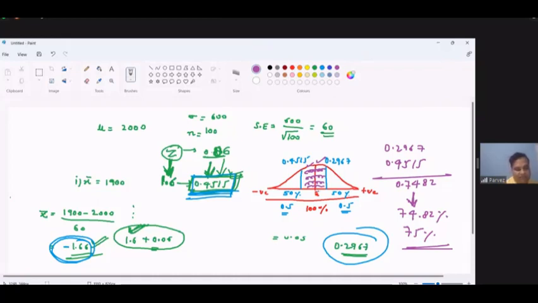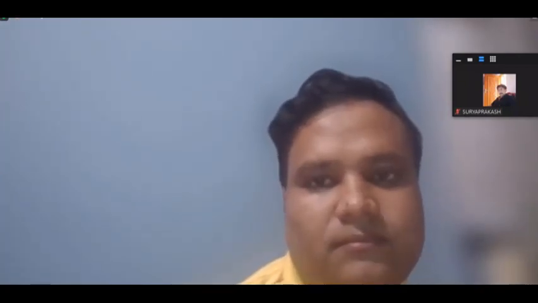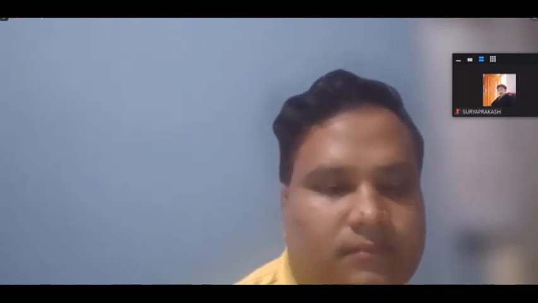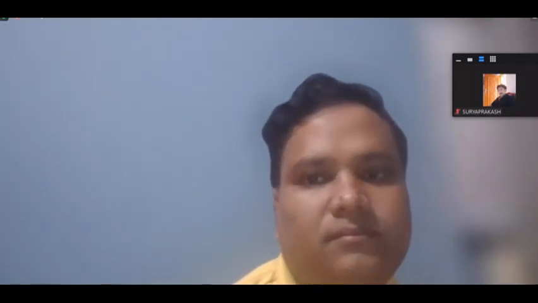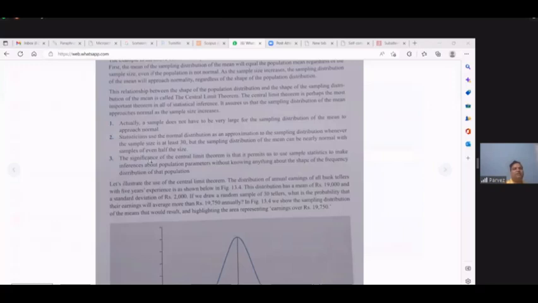Now let's see one more example, which is in your textbook, page number 145. The use of central limit theorem, the distribution of annual earning of all bank tellers.